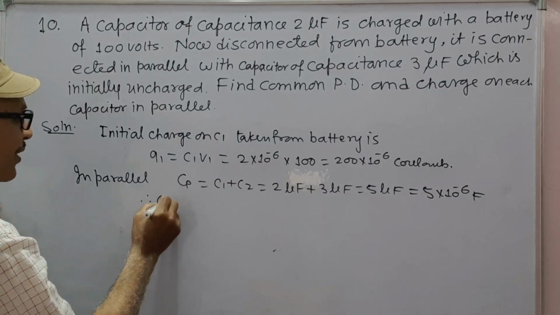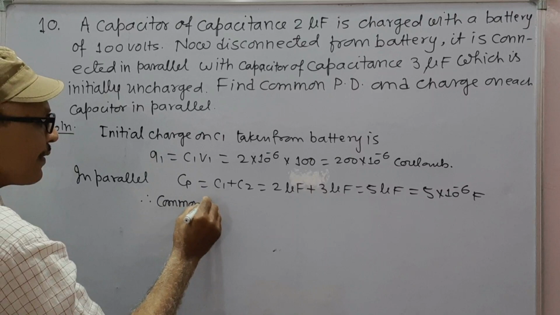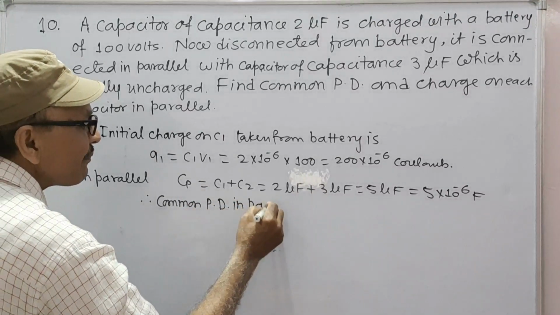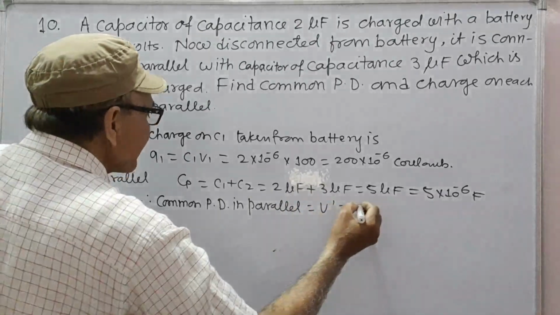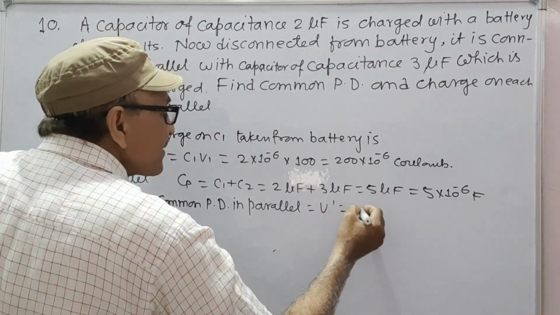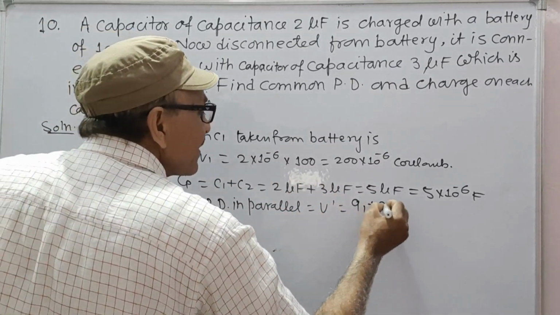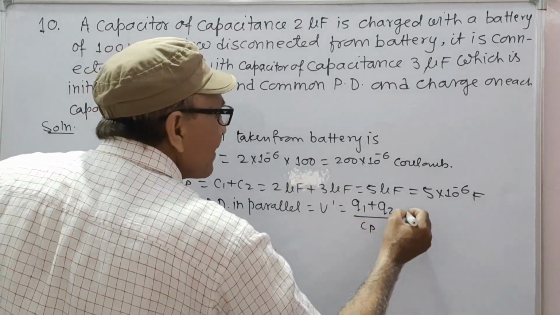Therefore, common PD in parallel, suppose that is V dash, will be equal to total charge upon resultant C. So Q1 plus Q2 upon C parallel.